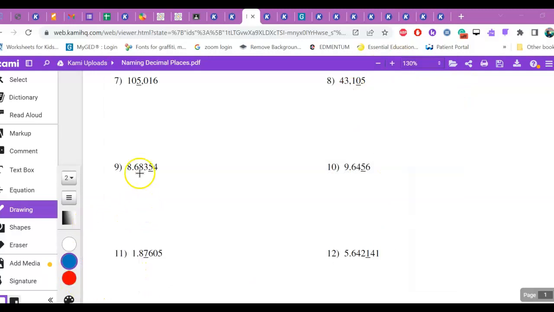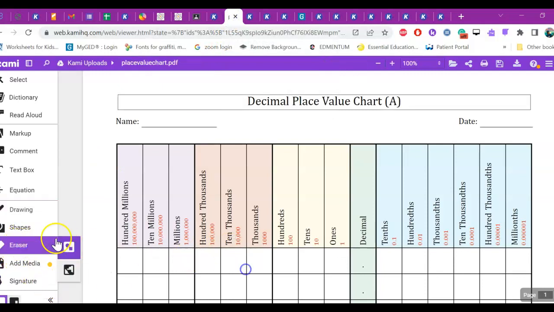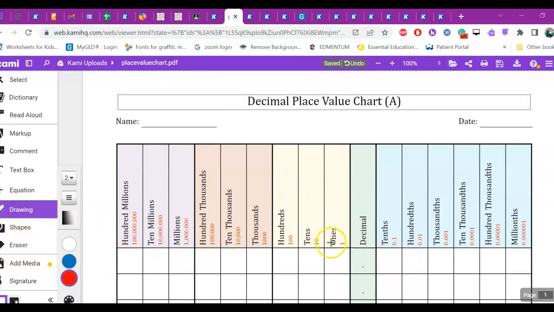So let's take a look at the decimal place values, okay? So the numbers that come after the decimal. Now we're over here. Remember, it doesn't start with ones like it does before the decimal. It starts with tenths. Don't forget the TH ending. Whenever you see a TH ending, you know we're talking about numbers that are after the decimal. Tenths, hundredths, thousandths, 10,000ths, 100,000ths, millionths.